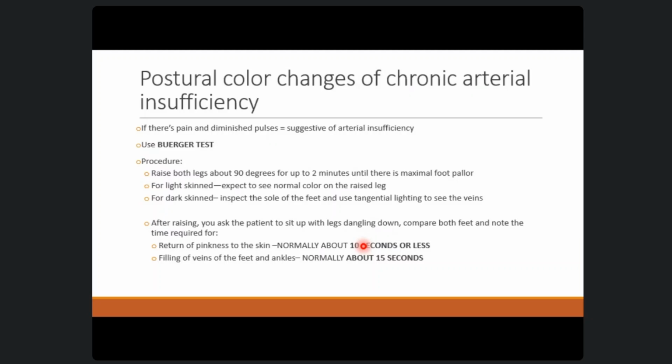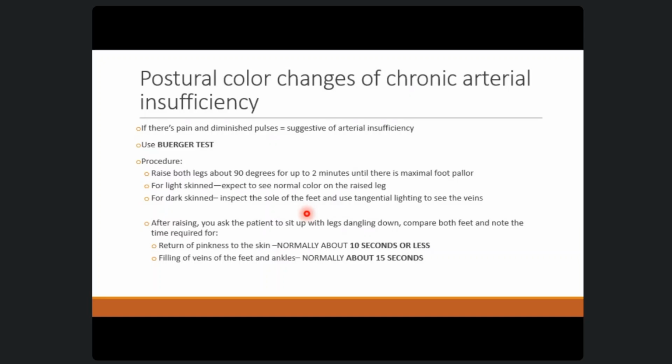So, Buerger's test is that you raise both legs to about 90 degrees for up to 2 minutes or until there is foot pallor. So, for light skin daw, expect to see a normal color on the raised leg. So, not as pallor. Pero for dark skin, as a technique, you check for the sole of the patient. So, use tangential lighting.